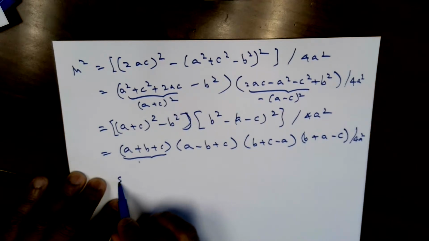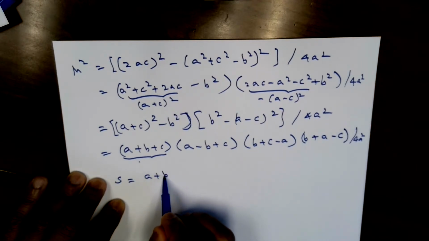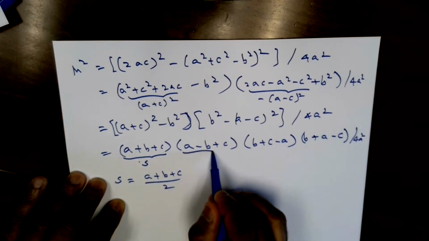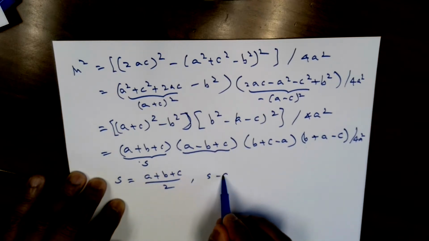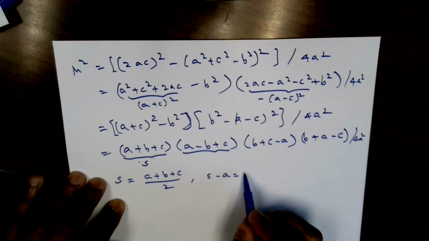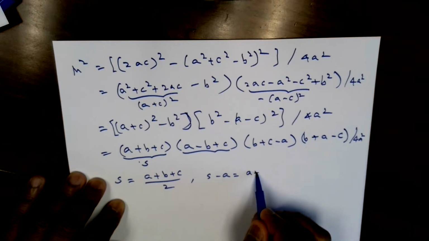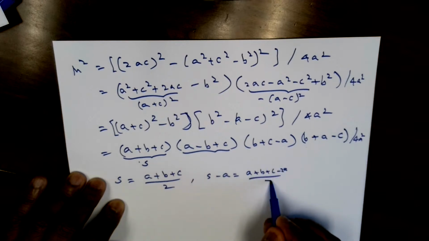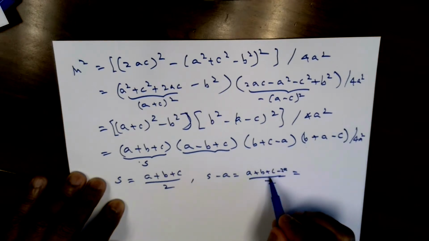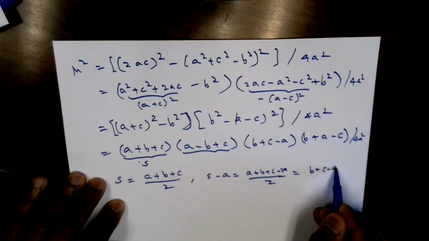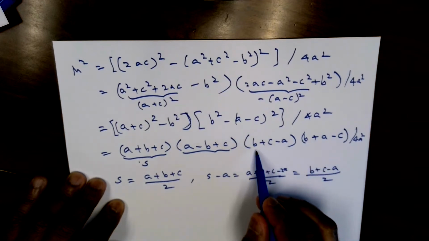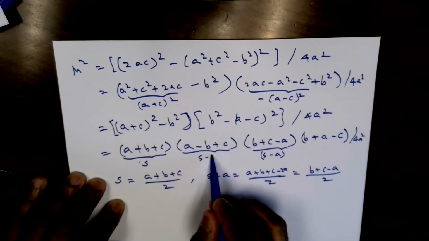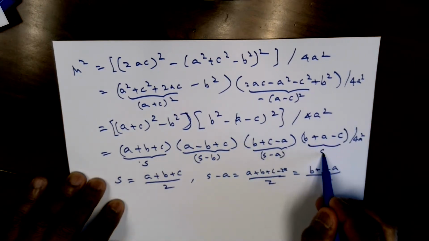Usually the semi-perimeter, a plus b plus c over 2, is denoted by s, so this is s. And then notice that s minus a is a plus b plus c minus 2a divided by 2. So that comes out to be b plus c minus a over 2, etc. So this is s minus a, this is s minus b, and this is s minus c.